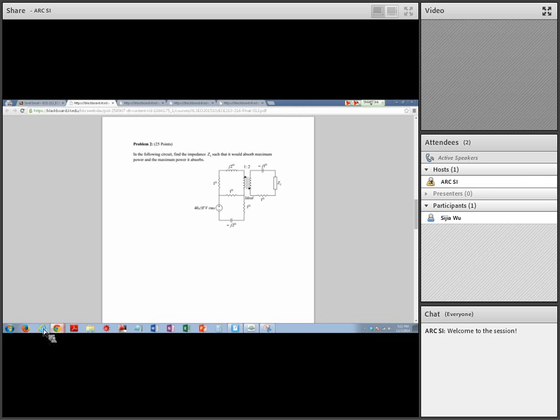So we have here 1, 2, 3, 4, 5, 6 unknowns. We also know that since that's open circuit, I3 is 0. V2 is twice, not in the other direction.